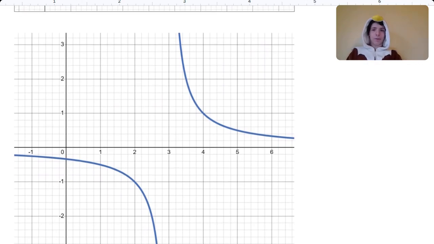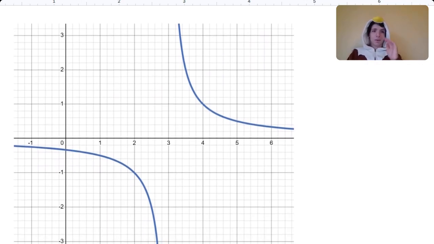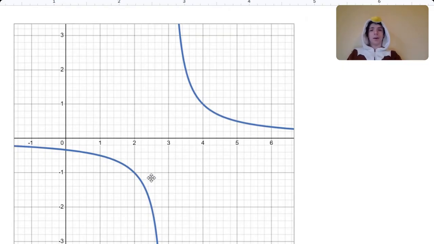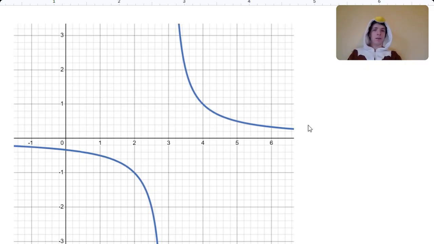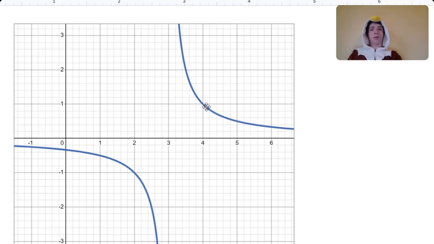Now let's look at this graph right here. You might think that this is a jump discontinuity because it's jumping from up here to down here. But it's an infinite discontinuity because it's just going up and up without bound.